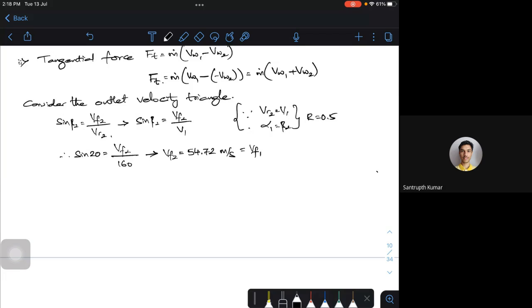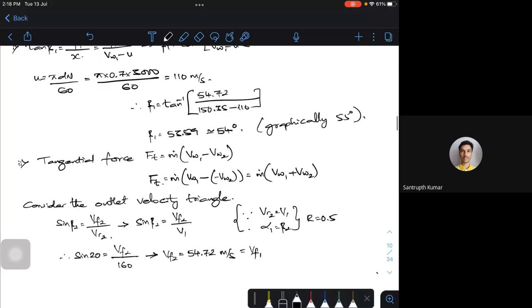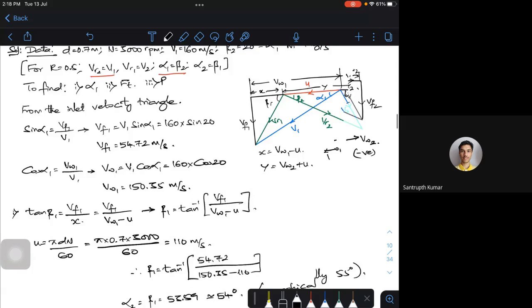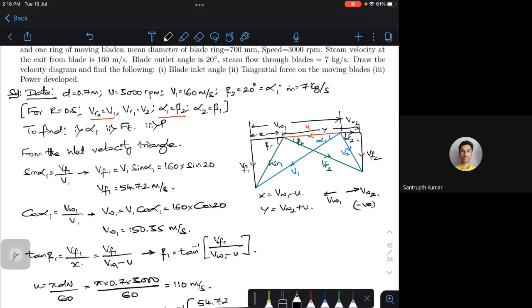Now in this case this is also equal to alpha 2, which is 53.59 for R is equal to 0.5. So therefore, same velocity triangle, I am going to consider the outlet velocity triangle. What is your tan alpha 2? Tan alpha 2 is equal to VF2 by VW2.